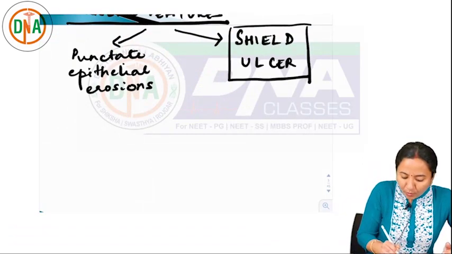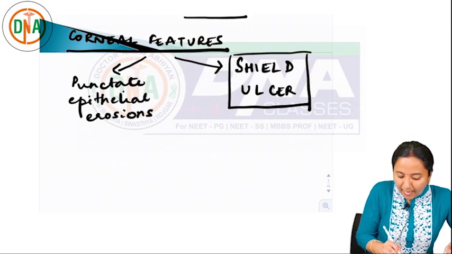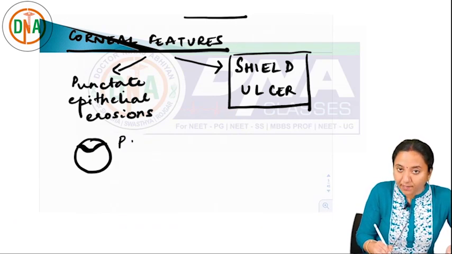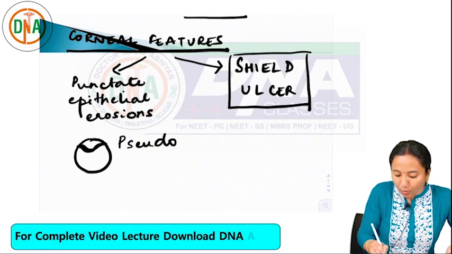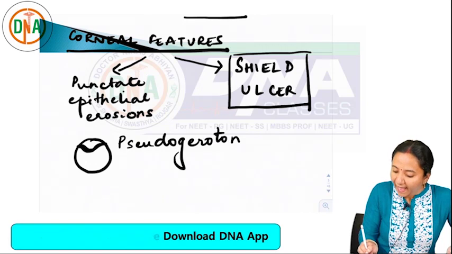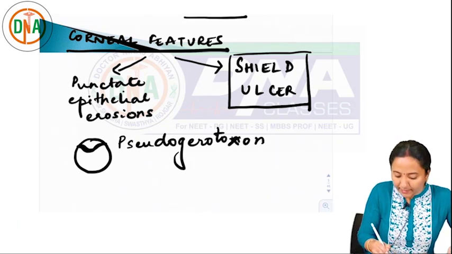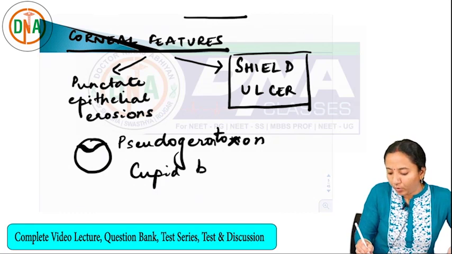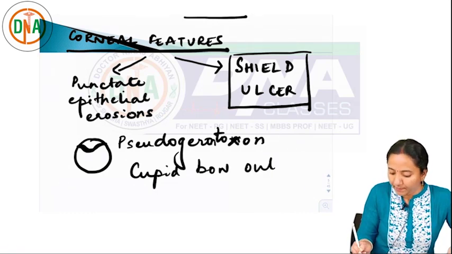Also, close to the upper limbus, a whitish line is seen. This whitish line close to the upper limbus is called pseudogerontoxon, and it is also called Cupid's bow outline. Both these words are again asked as MCQ.